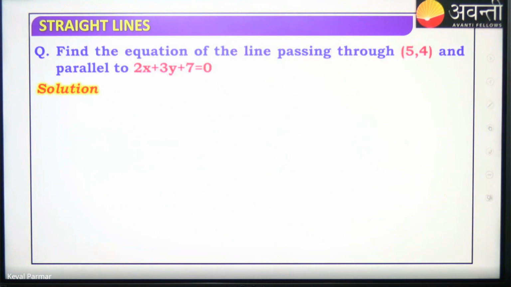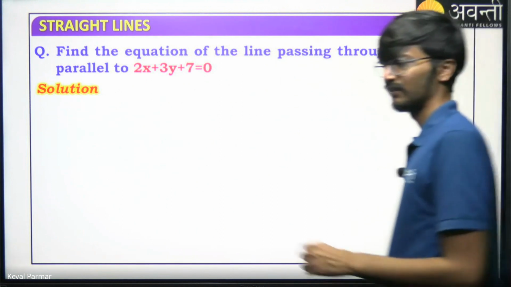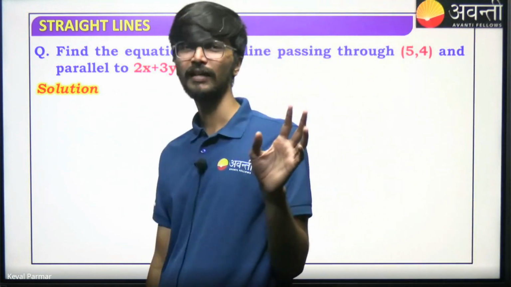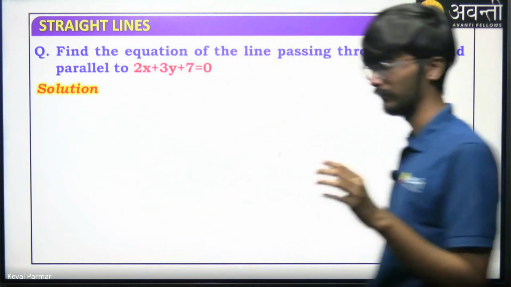Chalo, let's look at this. Find the equation of line passing through and parallel to. Come on. Again, it's a nice, simple question. I'll give you 1 minute. Let's see who does it.